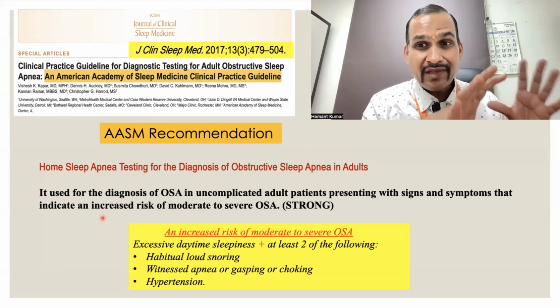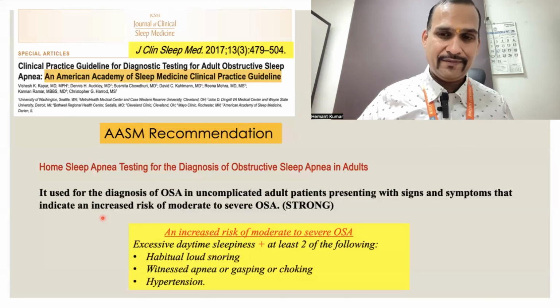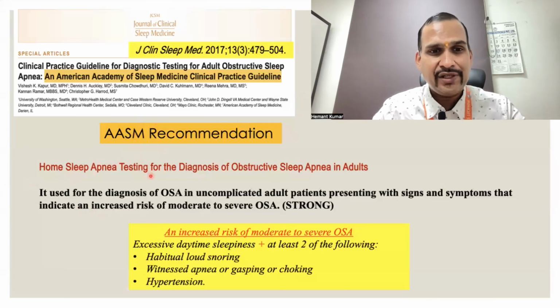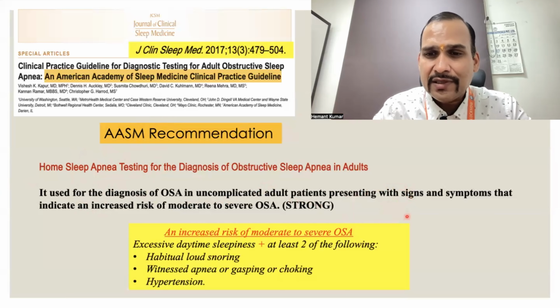So we have to do a type 3 study only in those patients who have moderate to severe OSA. This is the American Academy of Sleep Medicine recommendation for home sleep apnea testing. It should be used for patients who are uncomplicated and have signs and symptoms that suggest moderate to severe OSA.